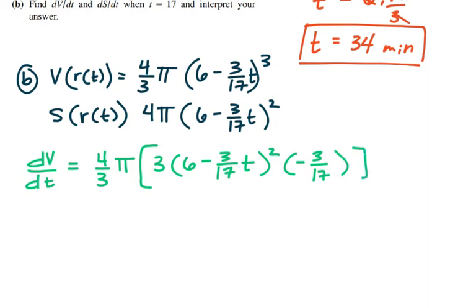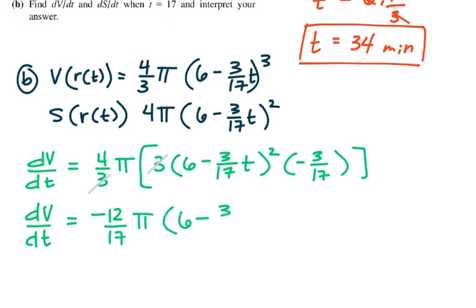So this is my derivative. Now, I can tidy this up a little bit because that 3 and that 3 will cancel. So my dV/dt formula, the derivative of the volume with respect to time, is going to be negative 12 over 17 pi times (6 minus 3 over 17 t) quantity squared.